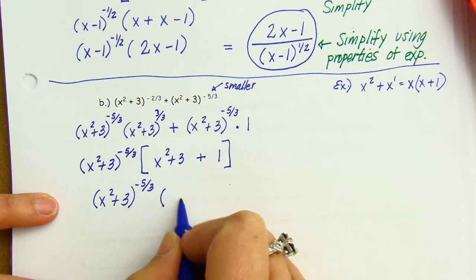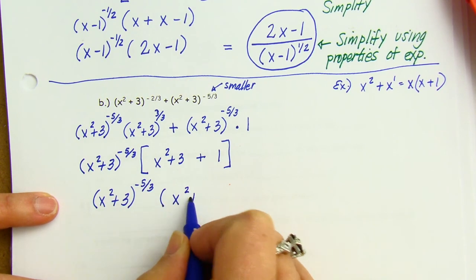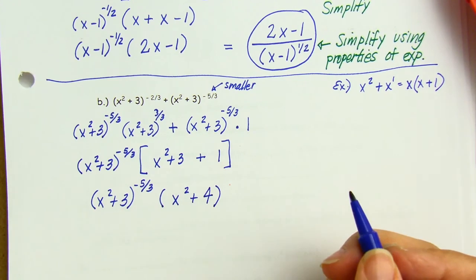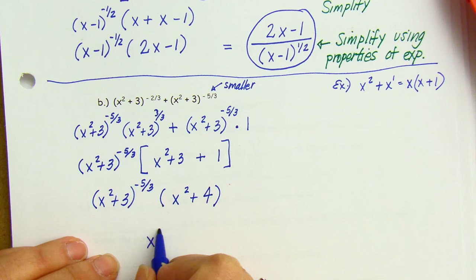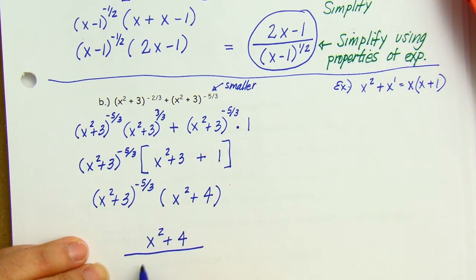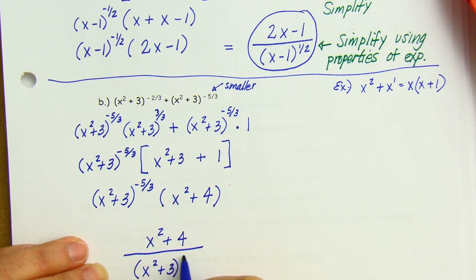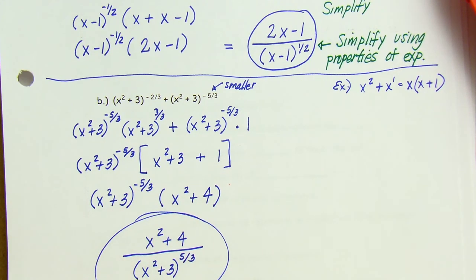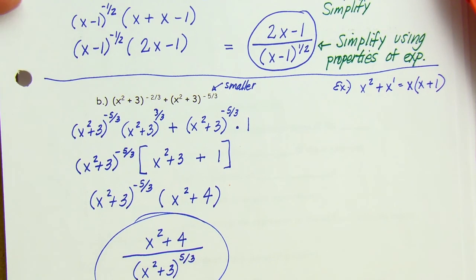But just for notes, I'm going to show that it really is two separate steps. x squared plus 4, that quantity, divided by the quantity x squared plus 3 to now the positive 5/3 power. Okay, they come with a little bit of practice, but you do have to practice and do the homework.